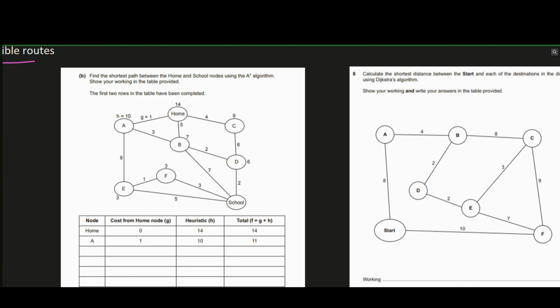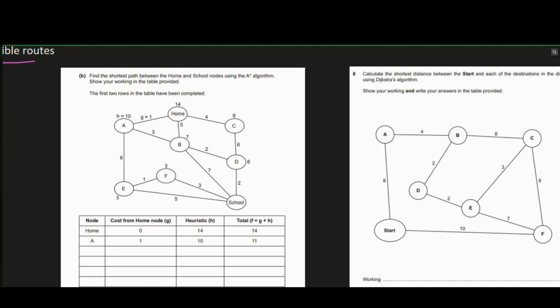Let's start. Now remember, in A star we are using a heuristic function, meaning it is estimating the distance from your current node to your goal. So that distance it's estimating. For example, if my goal is school, then home to school is going to be 14.